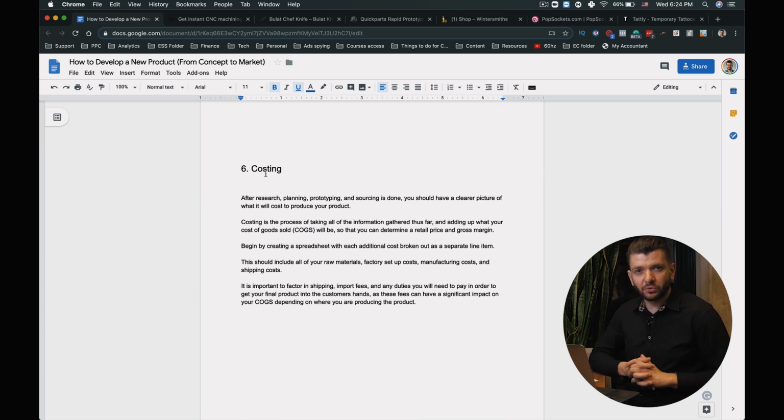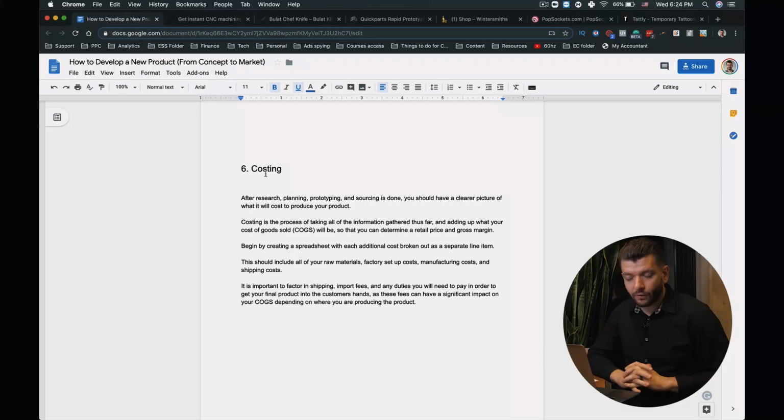And then at this stage, you would also develop the costing. So after this research, planning, prototyping, and sourcing is done, you should have a clear picture of what it will cost you to produce your product. So you can calculate all of these expenses, all of these quotes from manufacturers, from suppliers.